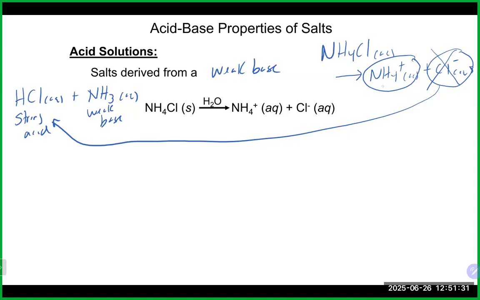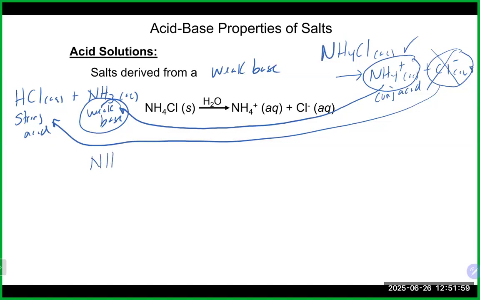But our NH4 plus here obviously comes from NH3, which is a weak base, which tells us that that NH4 plus will go through hydrolysis and will react with water. So how is it going to react with water? Since it came from a weak base, the NH4 plus is essentially its conjugate acid. And when it reacts with water, that is how it's going to react.